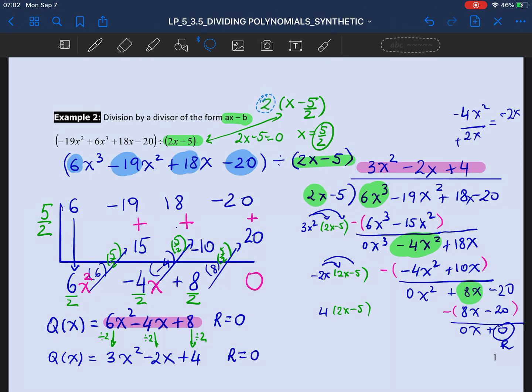We can still use it, but we must keep in mind that the coefficient a will play a role at the end. And that's the surprise that I was talking about. I hope it's not a very unamusing surprise, but it's just a way for us to remind ourselves of what is going to happen and how to perform the synthetic division correctly in division by ax minus b.